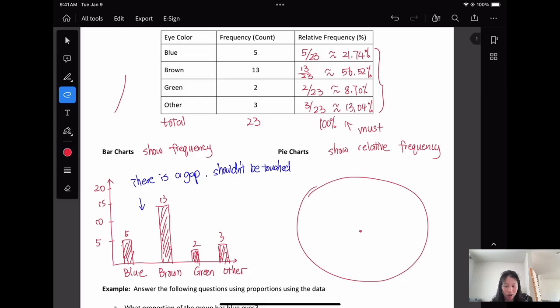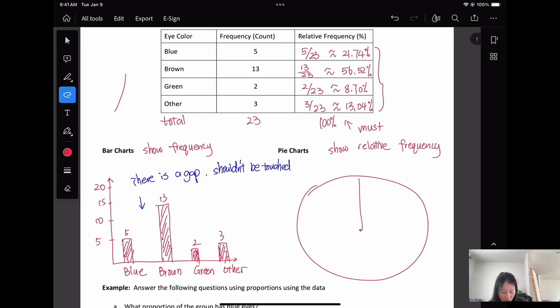When we draw it, we don't need to be very accurate, but approximately. 21% or 22% is very close to 25%, so this is a little bit less than a quarter of the circle. This should be our blue eyes, and you want to label it 21.74%.